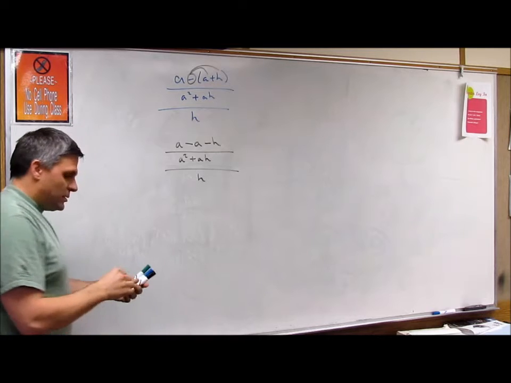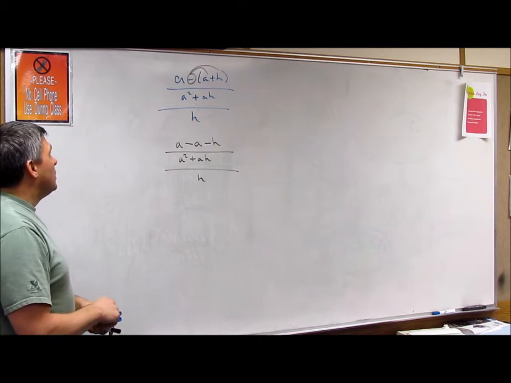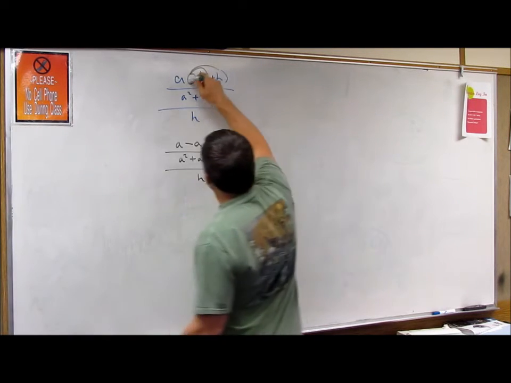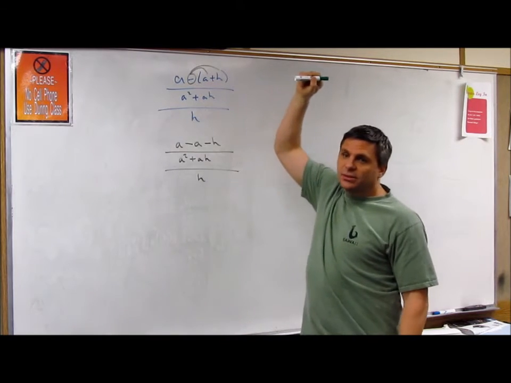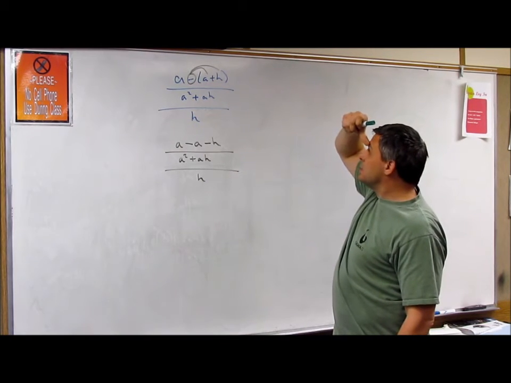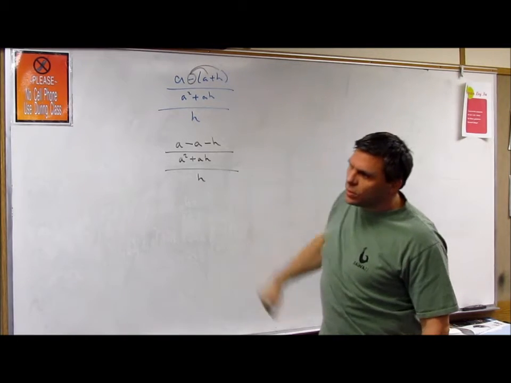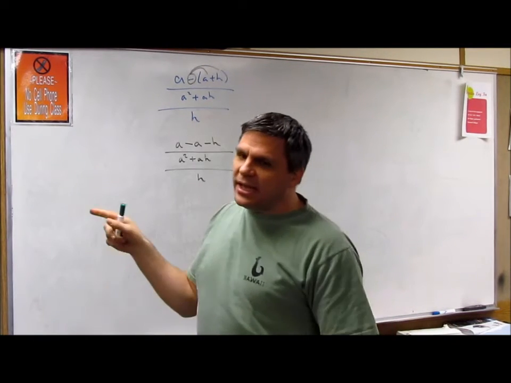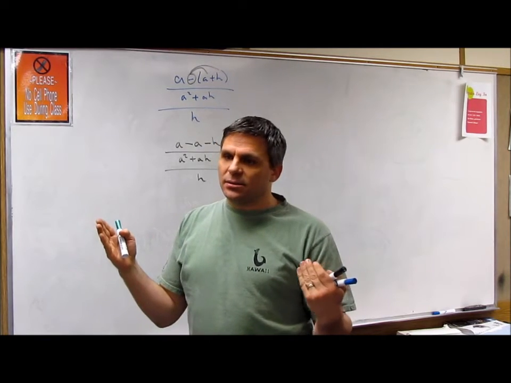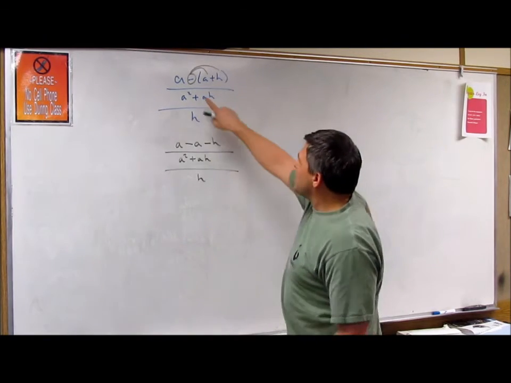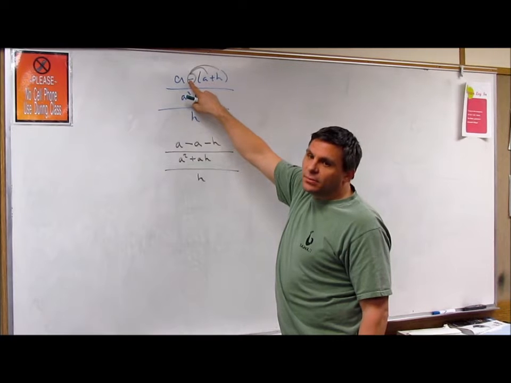Okay? Doesn't that negative sign change the sign? Yeah, so it's going to be minus a minus h. Or should it be a squared minus ah, right? No, because I'm not multiplying the a, I'm subtracting the a's. The only thing that comes through is the minus.